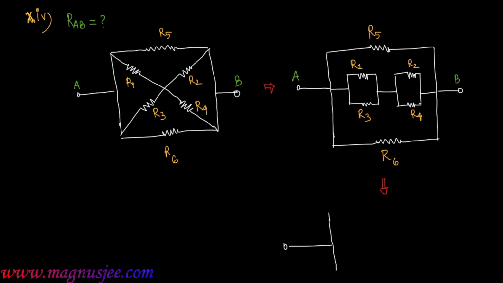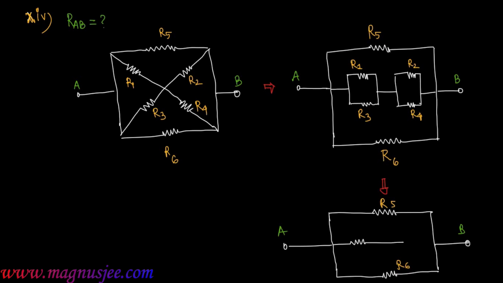Now what will the modified circuit diagram be? R5 and R6 will remain unchanged, and we can draw the equivalent resistance of the parallel combination of R1 R3 and R2 R4.